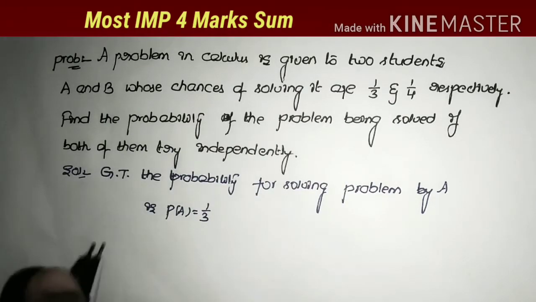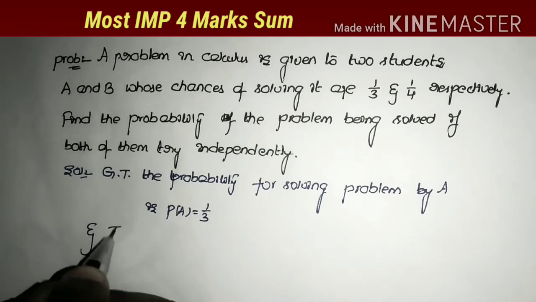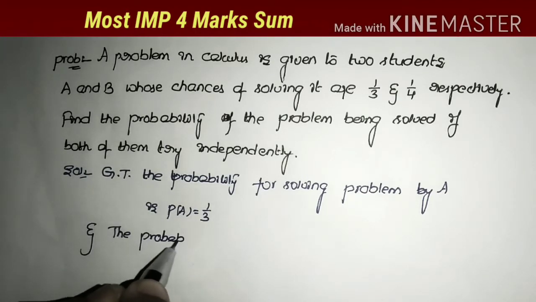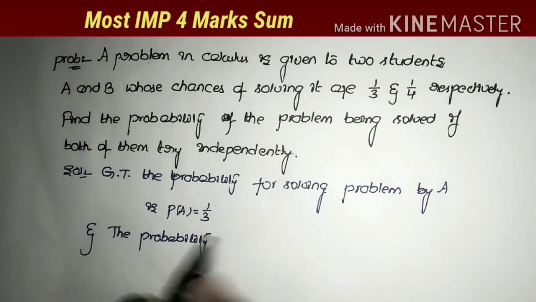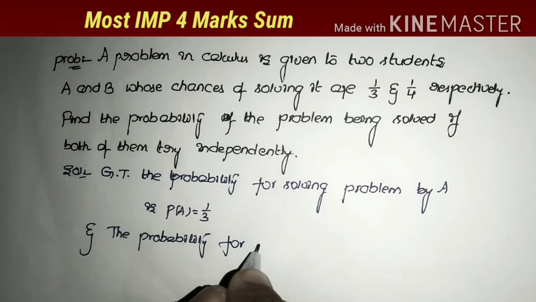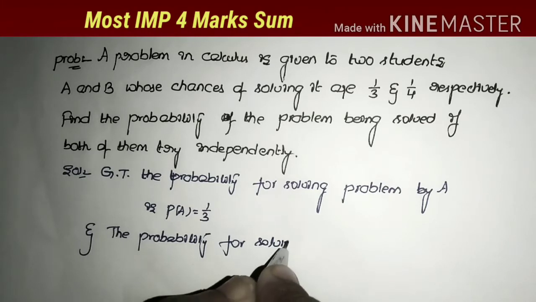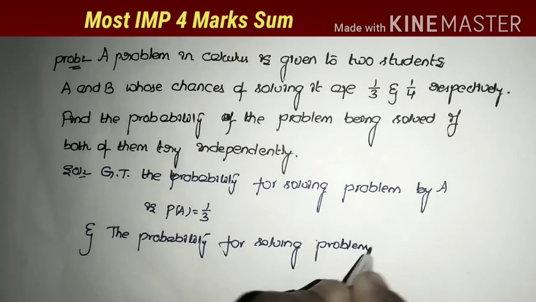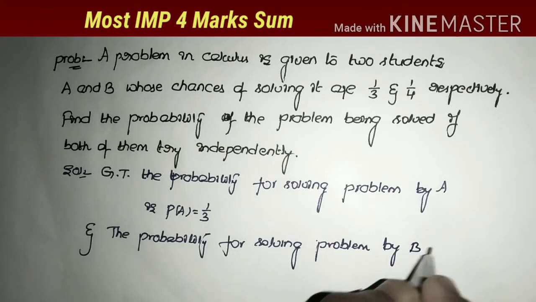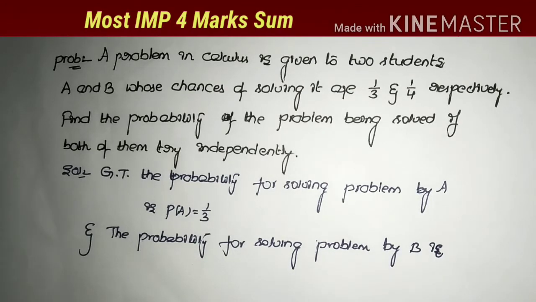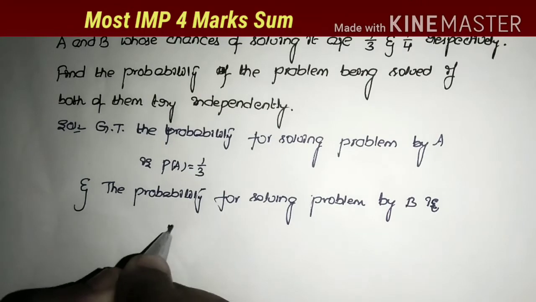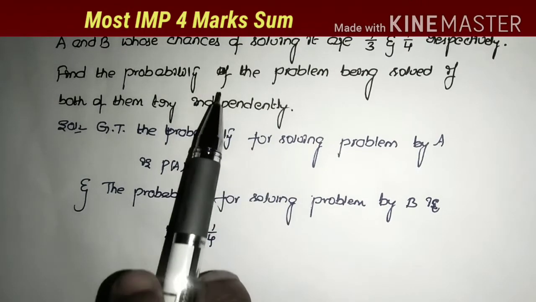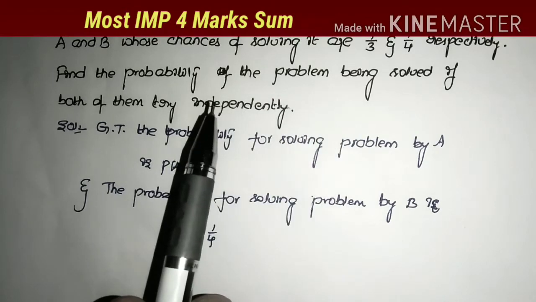And the probability of solving the problem by B, P of B, is equal to 1 by 4. Now what is given? Find the probability of the problem. What is the question?